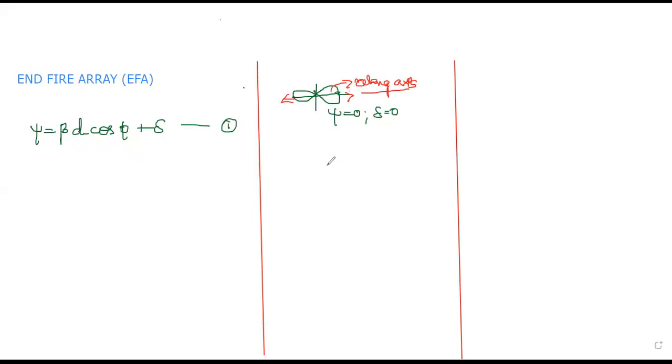Now this field pattern is obtained when you consider only two sources along the axis. From the pattern, you can see that the minima is obtained along phi equal to 0. This minima direction is perpendicular. So this is at phi equal to 0. We also know that we get the peak direction for xi equal to 0.